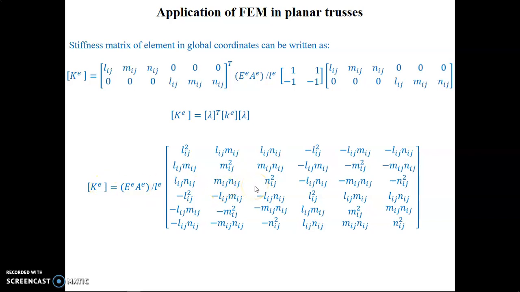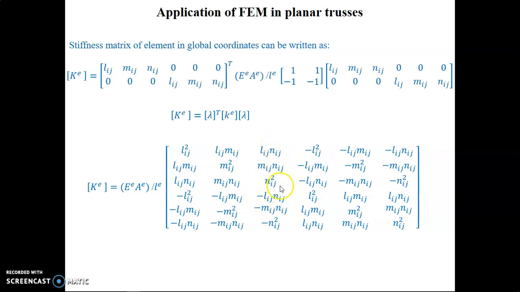In 2D space, we will have only two direction cosines, that is only L and M. So, to convert this stiffness matrix into two-dimensional space, we will eliminate all the rows and columns which involve the direction cosine along the z direction, that is all the rows and columns having a contribution from Nij.